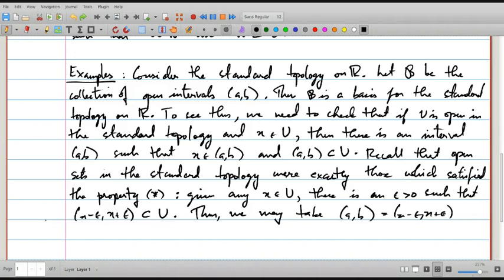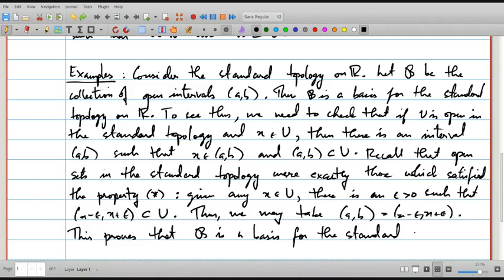So this proves that B is a basis for the standard topology on R.